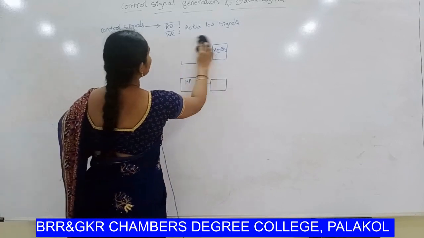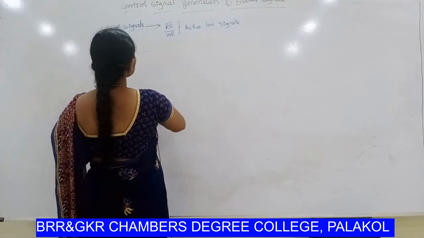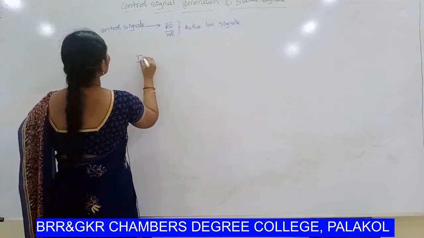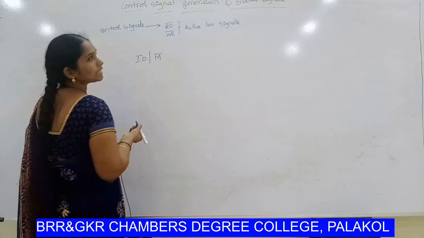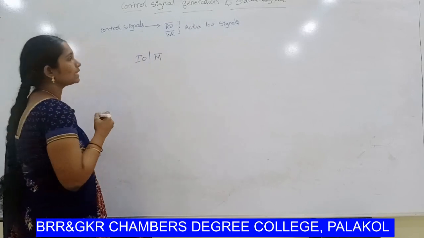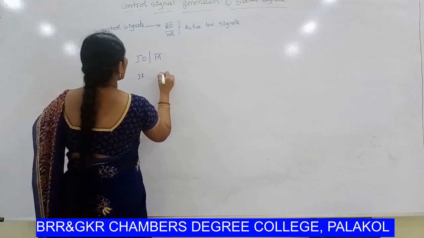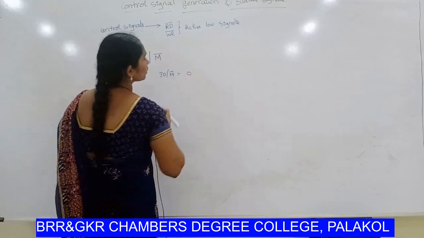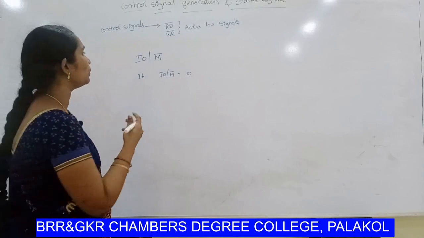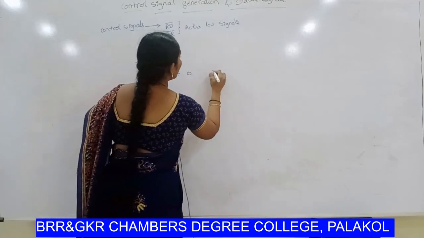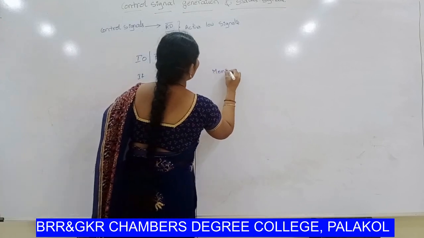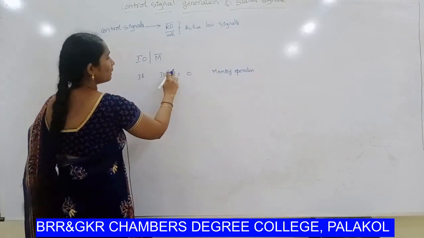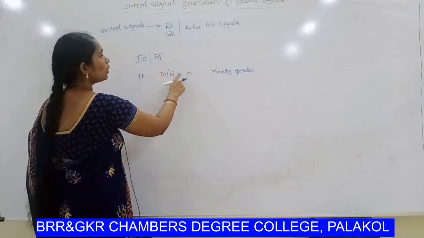Another control signal is IO by M bar. If IO by M bar is equal to 0, it will perform the memory operation, because M bar, that means 0 bar, is equal to 1.